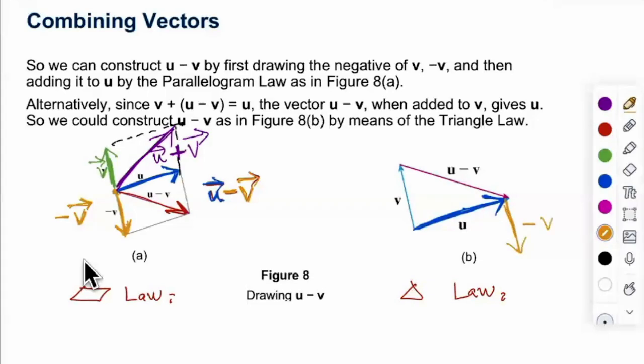This is the opposite of v. Then according to the triangle law, this vector over here will be u minus v. You agree?